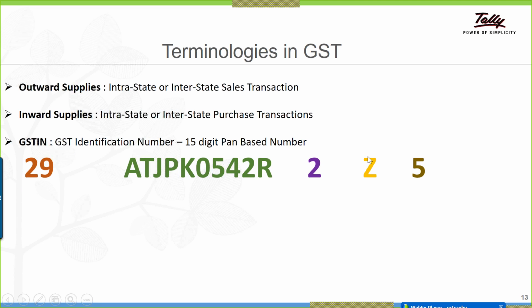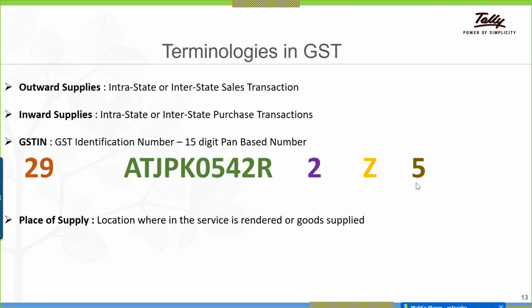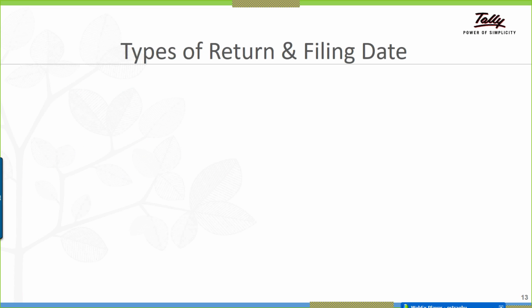And Z is by default Z. GST has not defined anything for it, and the last one is the checksum error code. So this is how the 15-digit GST number is given to the traders. Place of supply is the location where the service is rendered or goods are supplied. These are the terminologies we use in GST. Now we'll discuss what are the types of return and filing dates under GST.